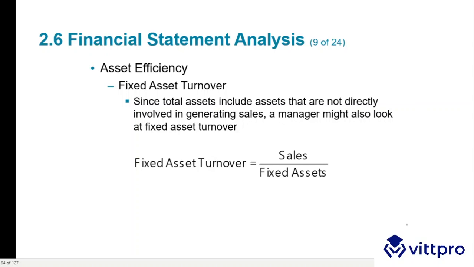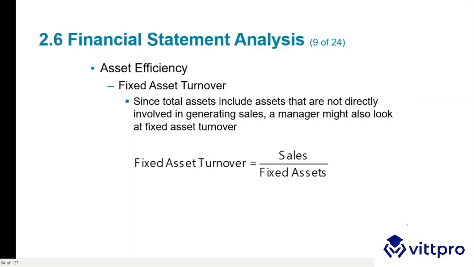That is used for production facilities. For services, this ratio may not make any sense because your sales are not dependent on your assets, right? For service industries, what are sales dependent on? Sales are dependent on the number of people that they have in the company, right?